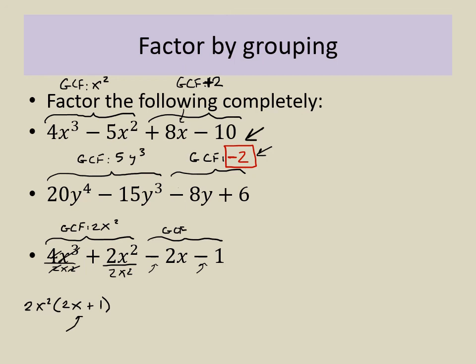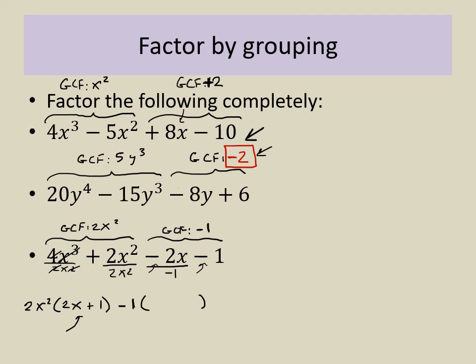Okay? Now in this case, there is no other constant, so we can factor out a negative 1. So the GCF here is -1. If I factor that out, that -1, and I open the parentheses, what am I left with here?